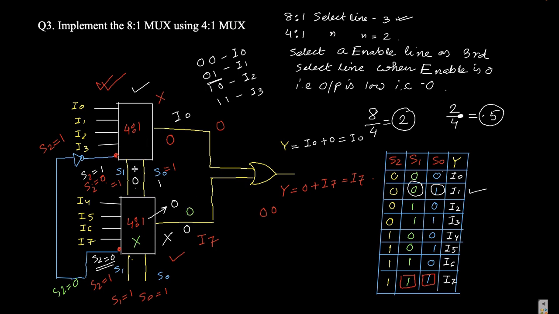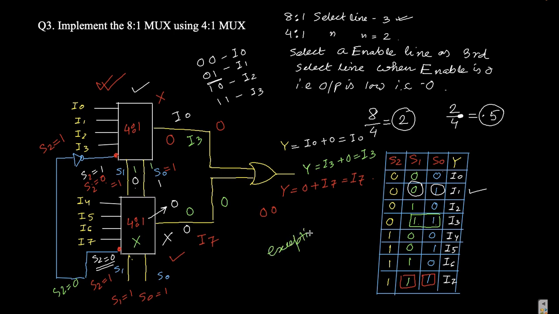Now you are taking 1 and 1. For 1 and 1, when both are 1, the output is I3, and for the other the output is 0. So Y becomes I3 plus 0, which is equal to I3. Depending upon that, we are getting the output.